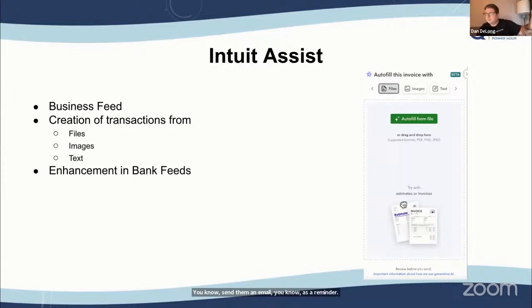On the side of your invoices now, you'll see this sidebar where you can create transactions from files or images or texts. I tried it, and it didn't work out. There's something in the formatting of how you do these things which is not communicated inside the program. It's not saying why it didn't work, or how to format these things.